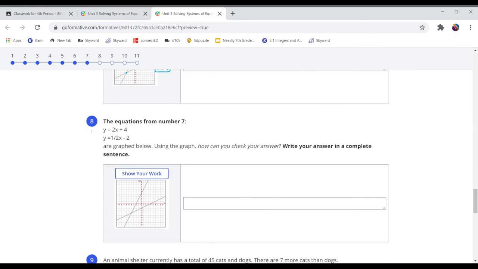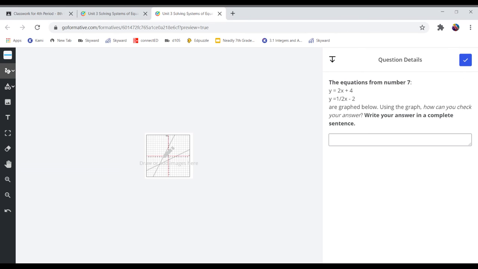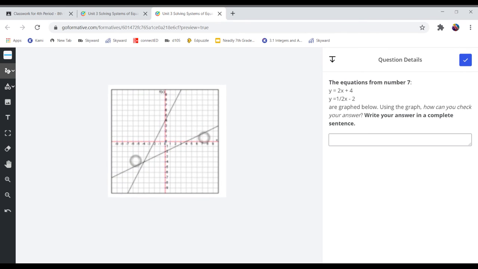Number 7, the equations from number 7, the previous one with the answer of -4, -4, is asking, using the graph, how can you check your answers? Write your answer in a complete sentence.